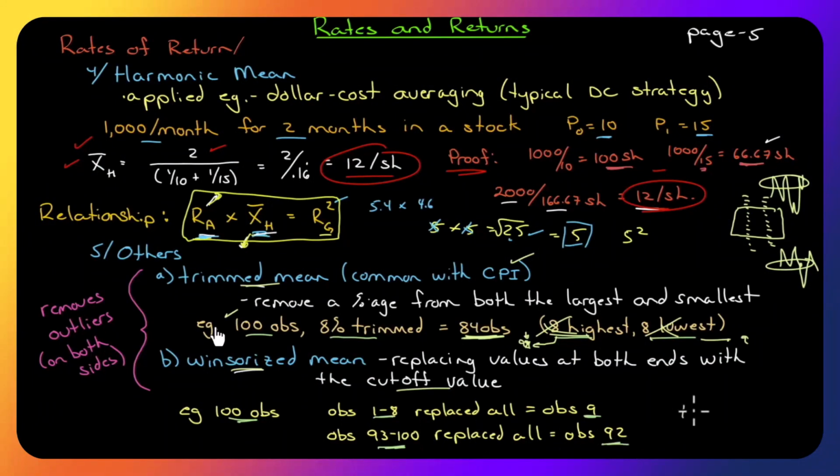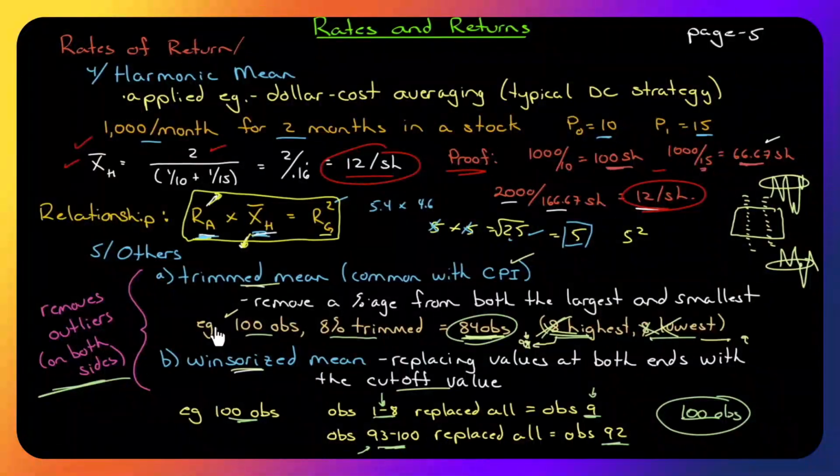So in the end, we have 100 observations. We don't have 84 observations, we have 100, and we haven't just eliminated these and reduced our sample. We've left our sample the same, we've just replaced, not eliminated. We've replaced all with the same value, which does the same thing: removes outliers on both sides.